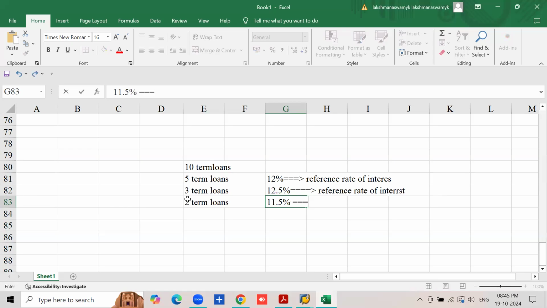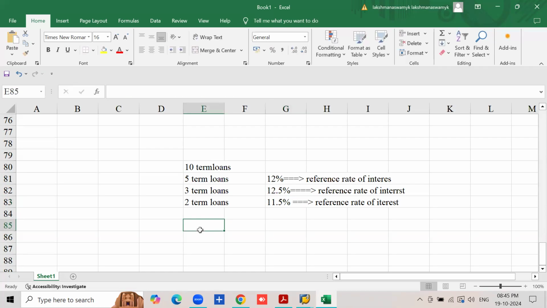So for this 11.5%, again, we define one reference rate of interest. Like that, for every actual rate of interest you pay to the bankers, we define one reference rate of interest. So at this point of time, we define the reference rate of interest. Later on, probably in tomorrow's class, you can understand the impact of this reference rate of interest.